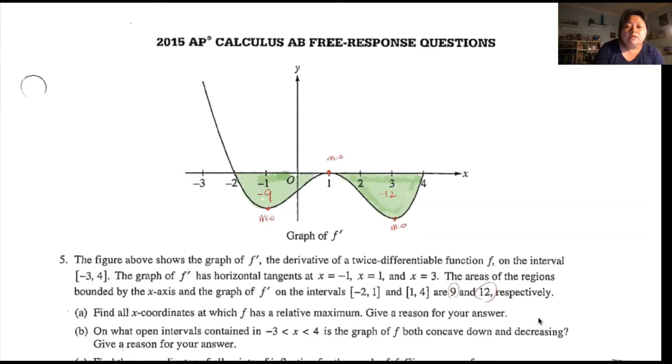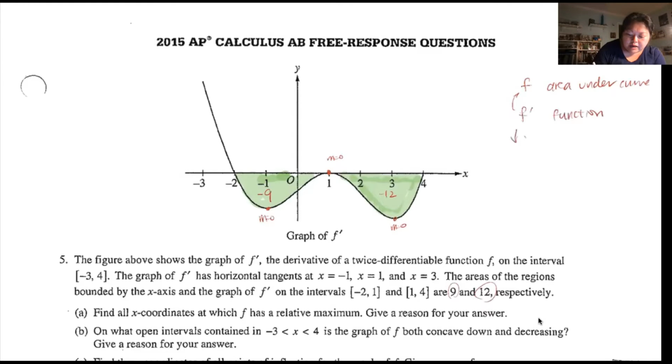Find all the x-coordinates at which f has a relative maximum. Give a reason for your answer. So again, this is a graph of f prime. Since this is a graph of f prime, to look at f, you're looking at the area under the curve. F prime is the function that we see right now.